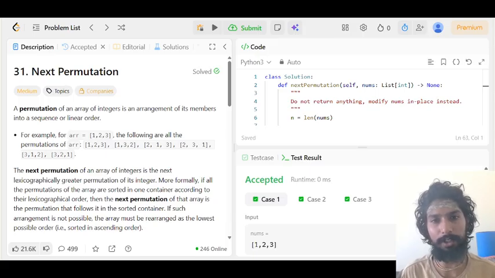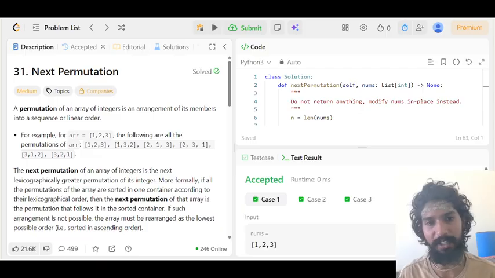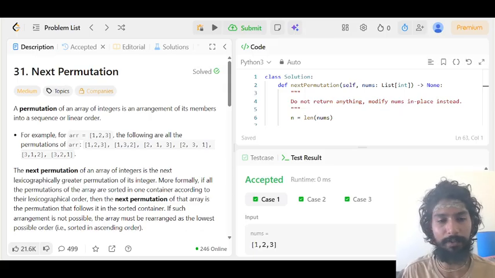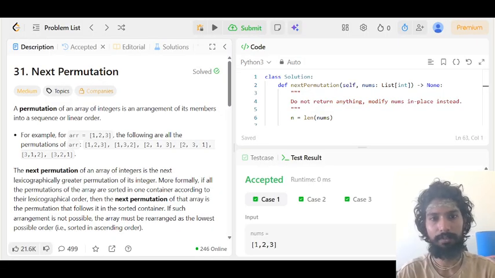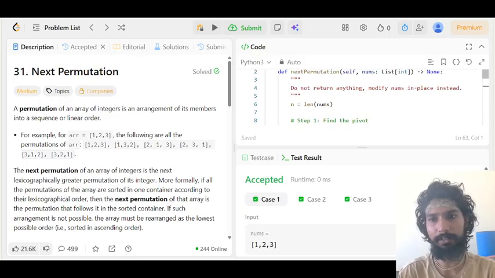Third, we learned the importance of scanning from the right side. Fourth, we learned that a decreasing suffix is already the maximum possible arrangement. And finally, we learned that reversing this suffix gives us the minimum possible arrangement after increasing the pivot. That is the whole beauty of the problem. So these are our key learnings.